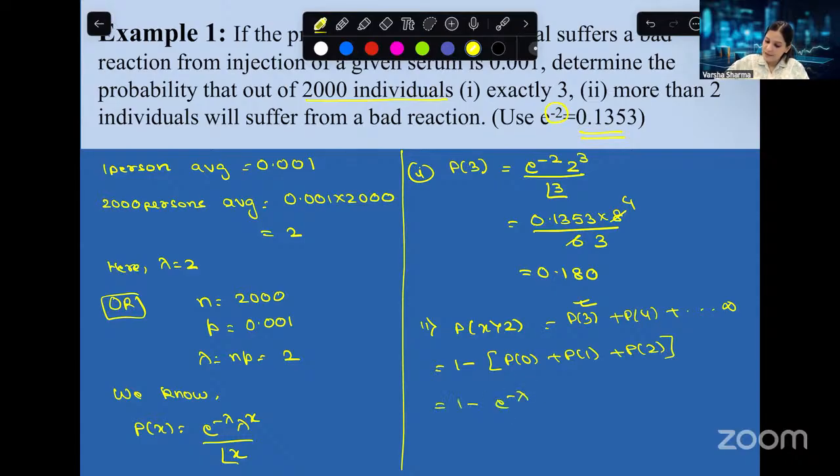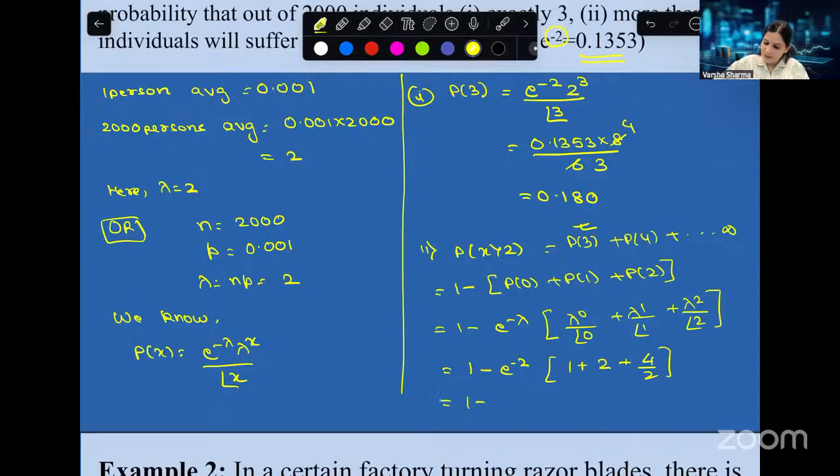Taking e power minus lambda common, 1 minus e power minus 2, lambda is 2, 1 minus 0.1353 into 5. Final answer 0.323.